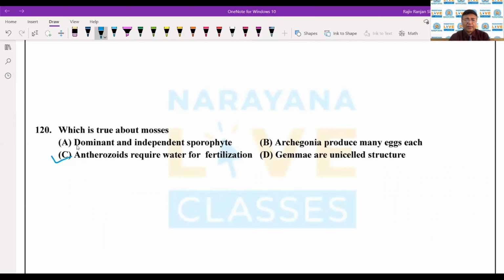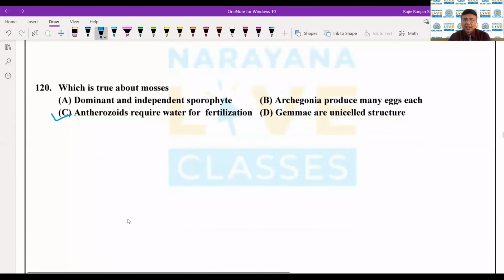Okay. So first of all, let's see the different options. Option A says that there's a dominant and independent sporophyte. It is completely wrong. The sporophyte is completely dependent upon the gametophyte. If I just draw a figure of a moss, these are rhizoids, and it is the leafy gametophyte that is also referred to as the gametophore.